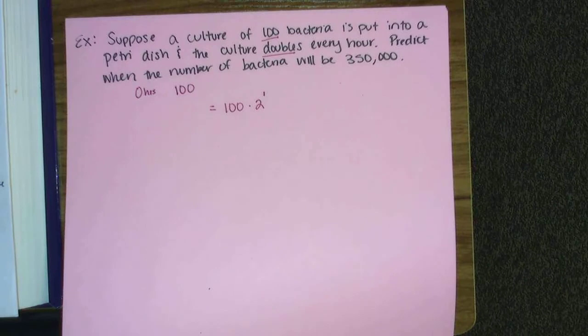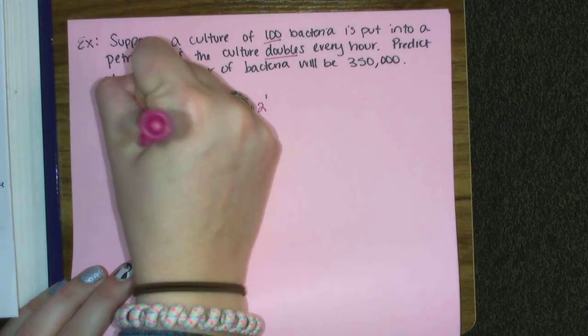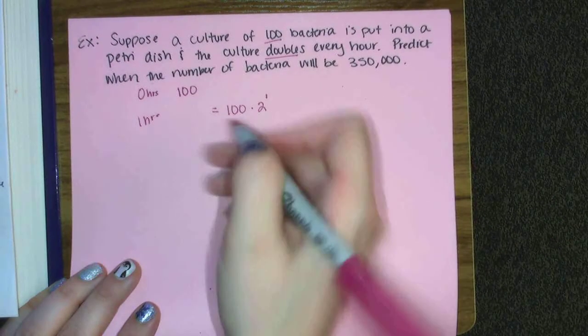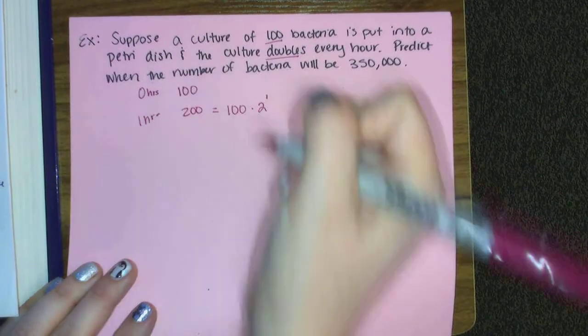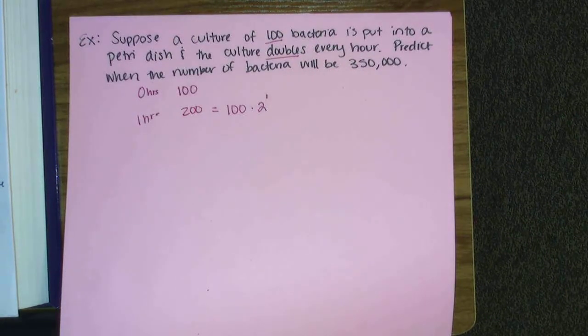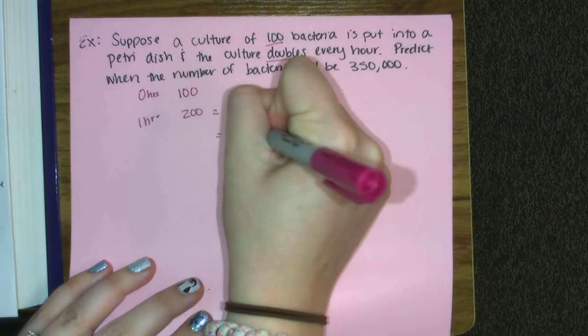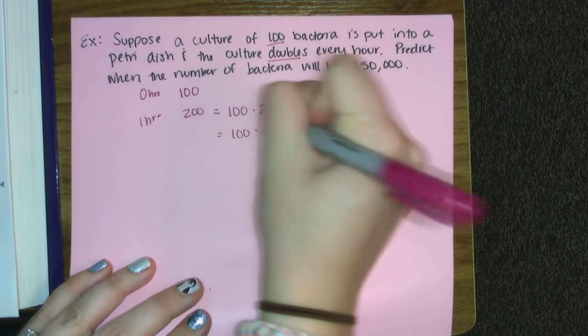So at 1 hour, we are at 100 times 2, it's 200. Then it's going to double again. So this becomes 100 times 2 squared.